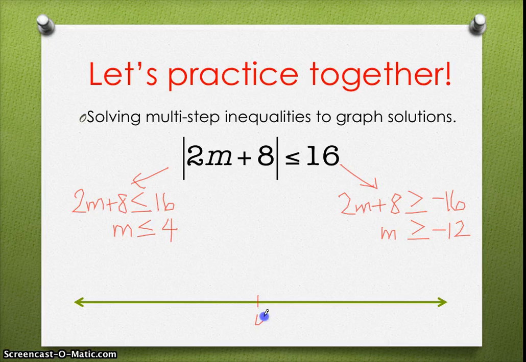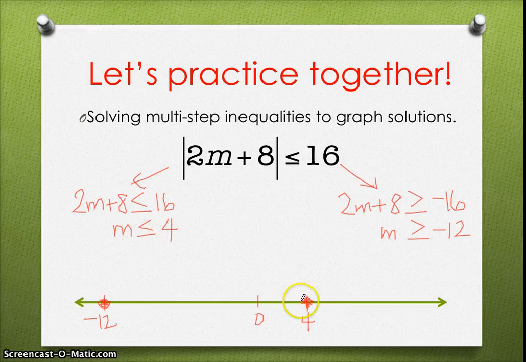Then on our number line, we can go ahead and make our reference of 0. 4 is going to be on the right of that. Negative 12 is going to be on the left. Since our expression includes the equal to, we're going to do closed circles. And then we ask ourselves, what are the directions that we're moving in?